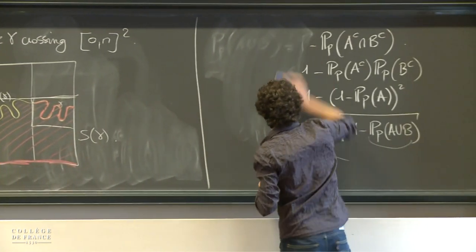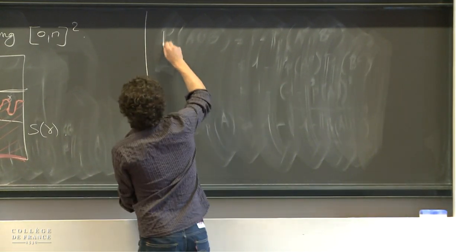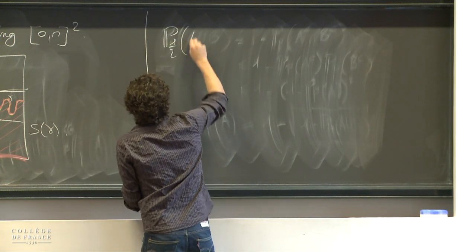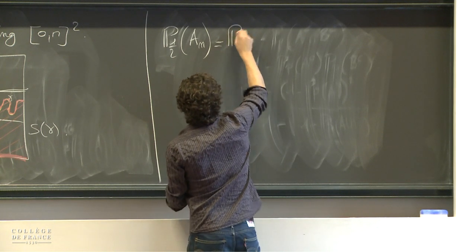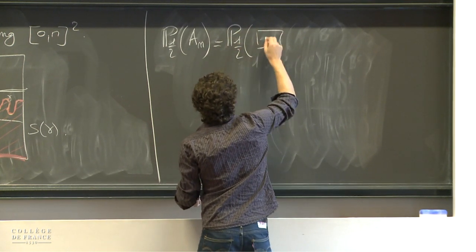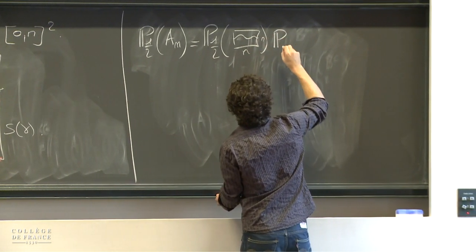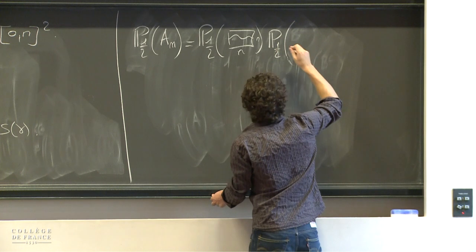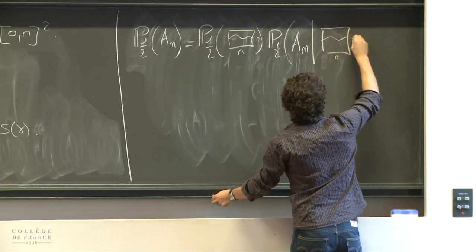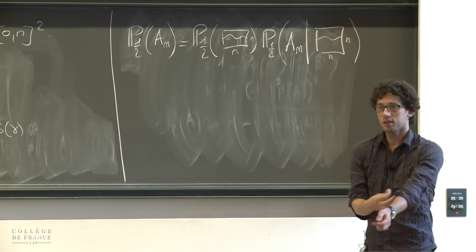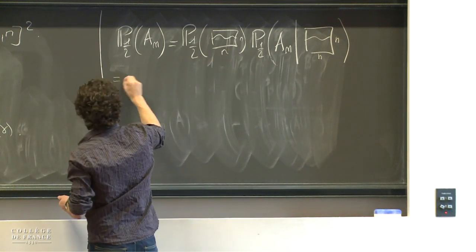How do I finish? Well, I'm going to say the probability at 1/2 of the event A_n, well, it's the probability of crossing the box of size n by n times the probability at 1/2 of A_n conditioned on this. So far, so good. I didn't do anything smart there. So this is 1/2, we said.